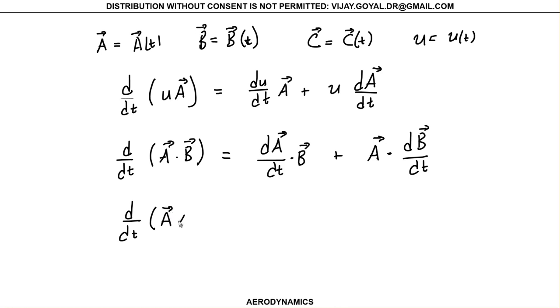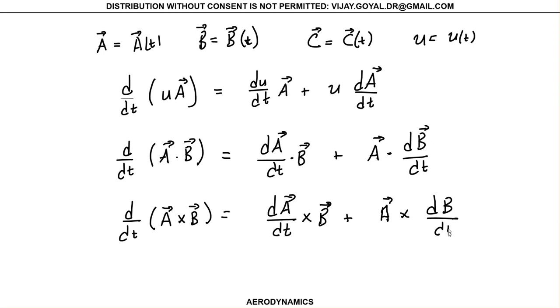If you have A and you want to take the cross product of A with B, then that would be the derivative of the vector A cross B plus A cross the derivative of B with respect to time. Many of these chain rules apply as we are used to applying them. These terms become very useful and very handy as we move on.